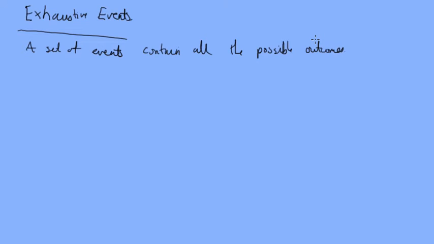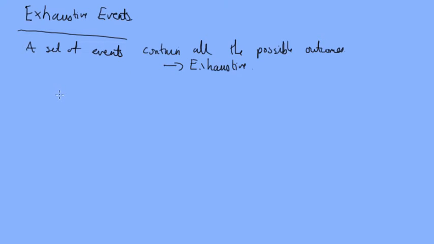The simplest one to think about would be flicking a coin and landing on heads or tails. So if we've got the set of events that contain all possible outcomes of an experiment, it is said to be exhaustive.